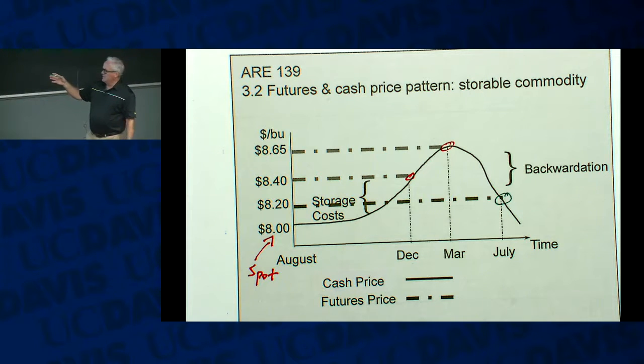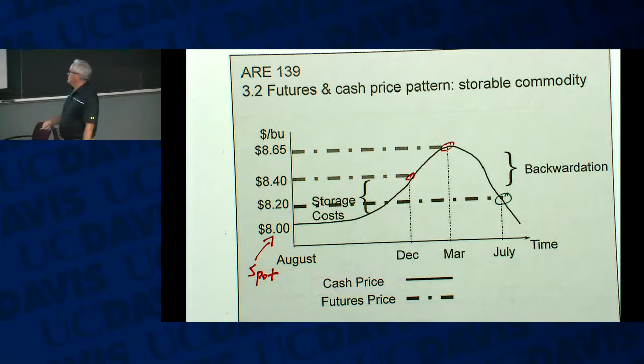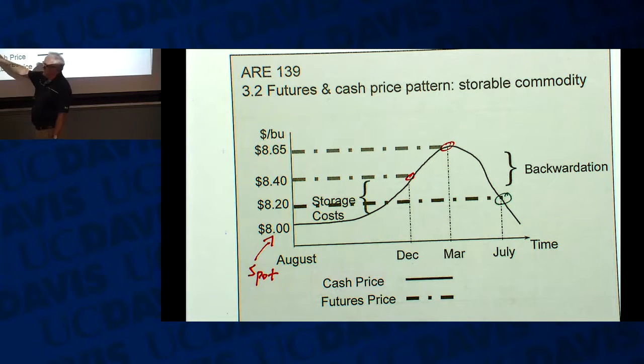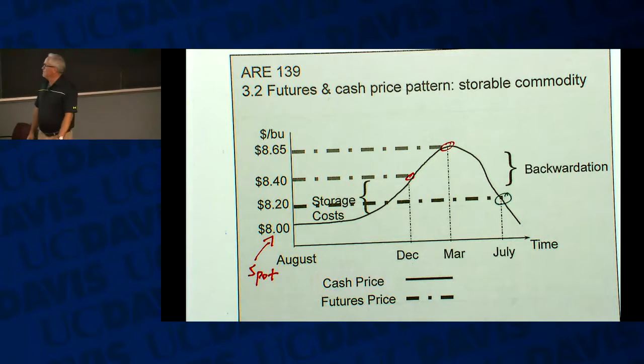And the storage costs are going to vary. We talked about the factors that play in storage costs. Right now, interest rates are really low. So that part of the storage cost equation, at least, is lower. You have your physical costs, you have your insurance. But if you look at this picture today, what the market's telling us is today's price is $8. The price in March is $8.65.